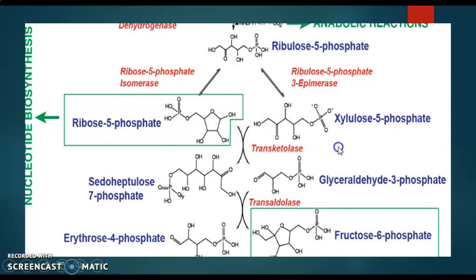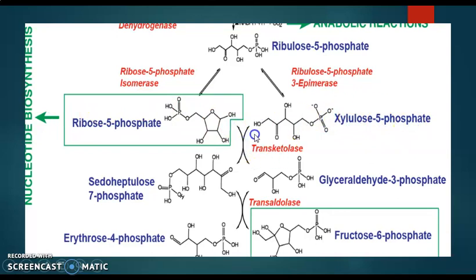Here the ribulose 5-phosphate is converted to xylulose 5-phosphate with the help of the enzyme epimerase, that is ribulose 5-phosphate 3-epimerase. This ribose 5-phosphate may take part in nucleotide biosynthesis, that is synthesis of DNA, RNA, etc. Okay.